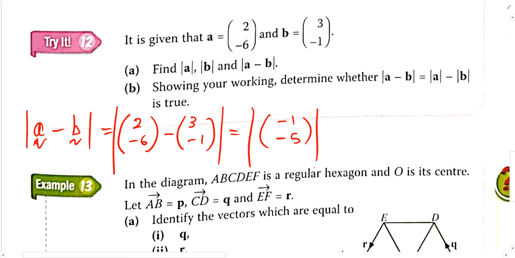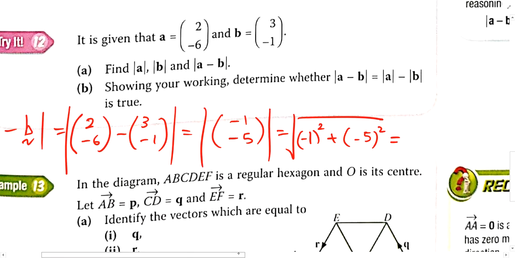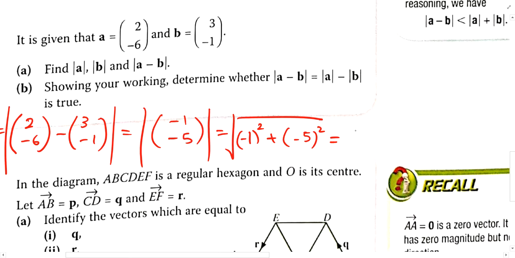So I want the magnitude of this vector. And that will be given by the square root of, if you want to be complete, (-1) square plus (-5) square. And this is the positive square root because we are looking for magnitude, which is a positive number. So square root of 26. So you get the answer, round it off. Correct?